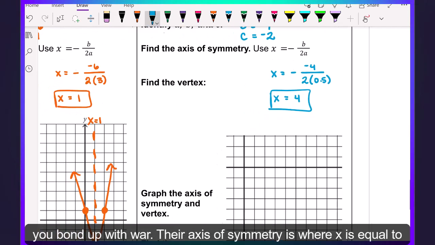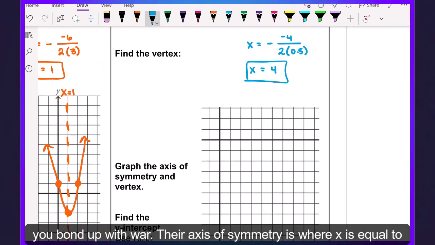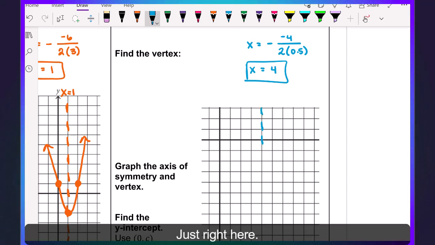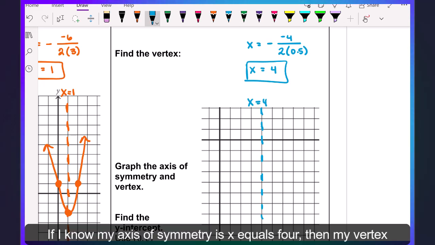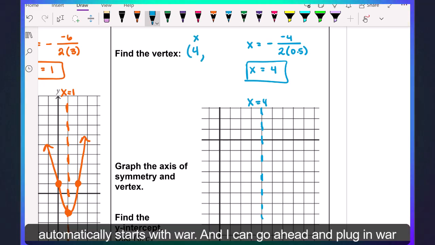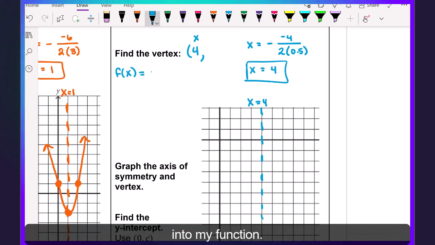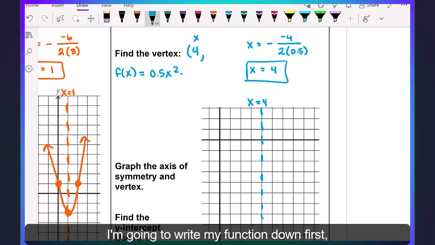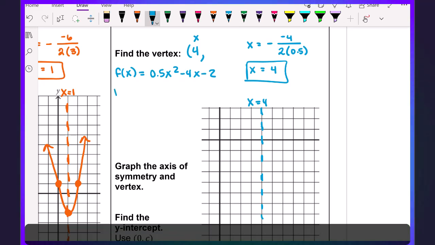So our axis of symmetry is where x is equal to 4, which is right here. If I know my axis of symmetry is x equals 4, then my vertex automatically starts with 4, and I can go ahead and plug in 4 into my function. I'm going to write my function down first, then plug it in.